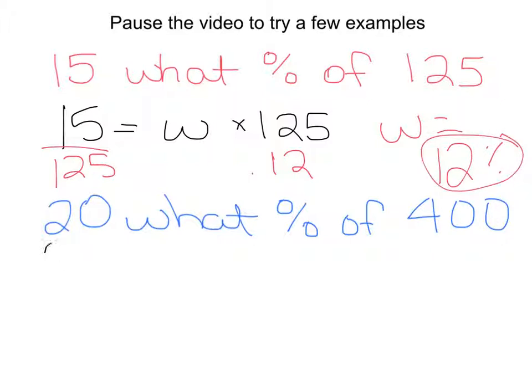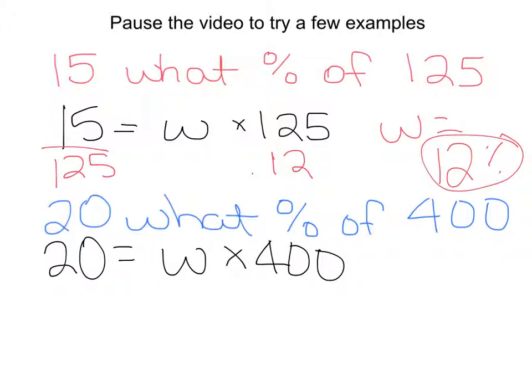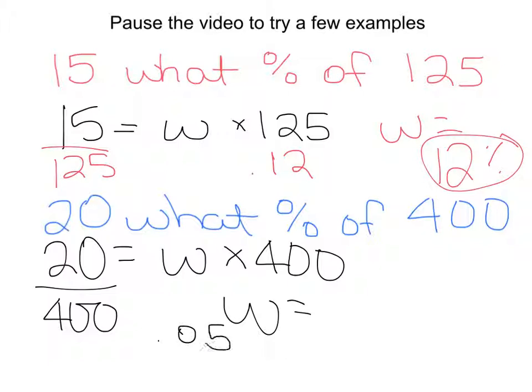The next example, it's 20 is what percent of 400? You divide both sides by 400, and you're going to get 0.05. So if you move that two places to turn it into a percent, you get 5%.